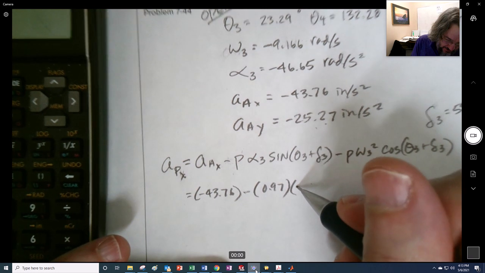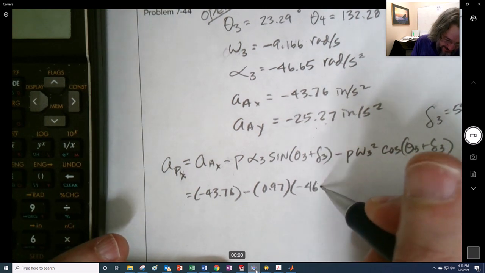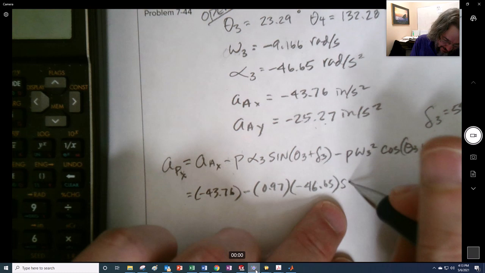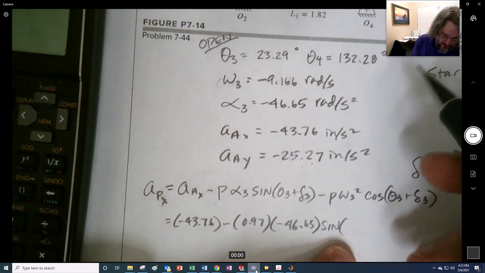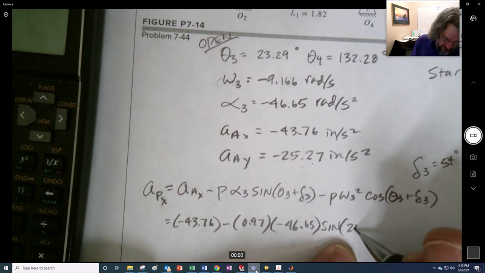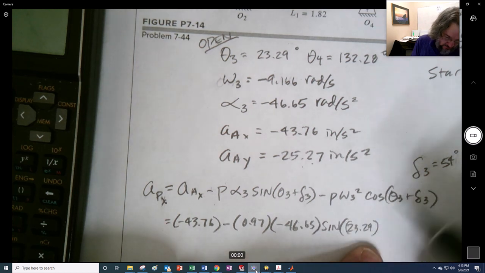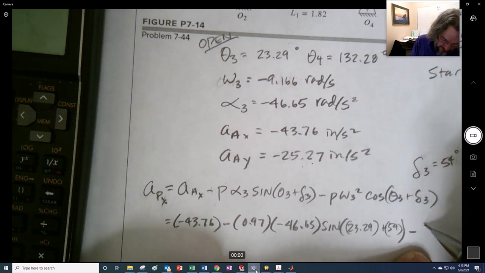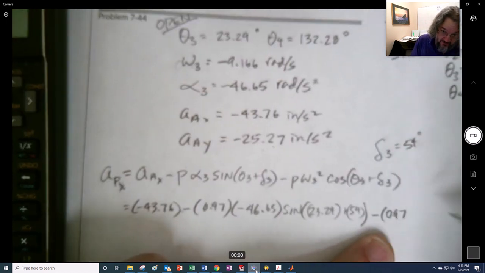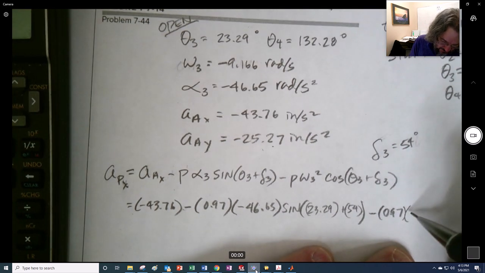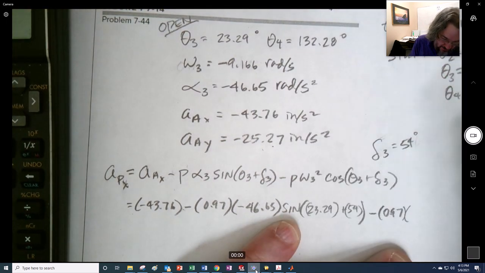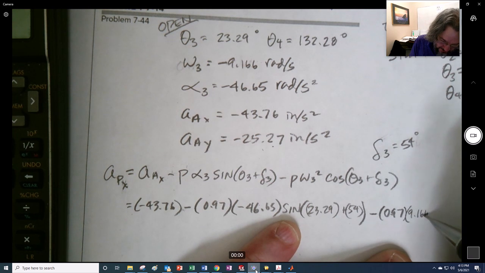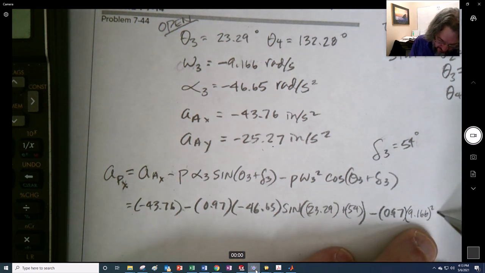Alpha, we found, would be negative 46.65, sine of theta 3, which is 23.29, plus 54, and then minus 0.97 times our 9.166 squared, so it didn't matter that it was minus, and cosine of 23.29 plus 54.